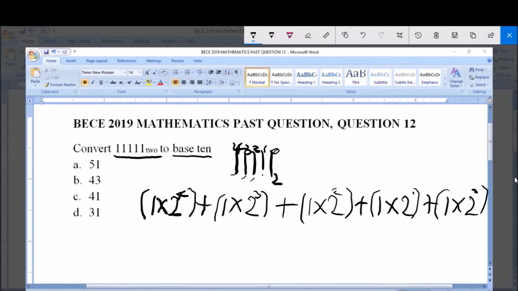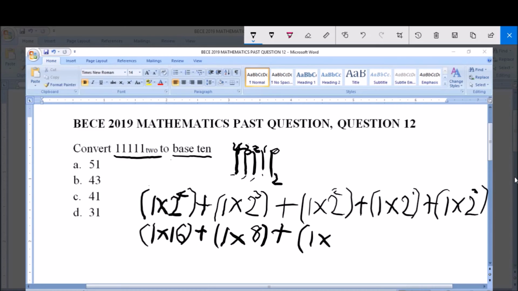So here we have 1 multiplied by 16 in brackets, plus 2 raised to the power of 3. 2 times 2 gives us 4, and 4 times 2 gives us 8. So you have 1 times 8, plus 1 times 2 raised to the power of 2, and 2 times 2 gives us 4.